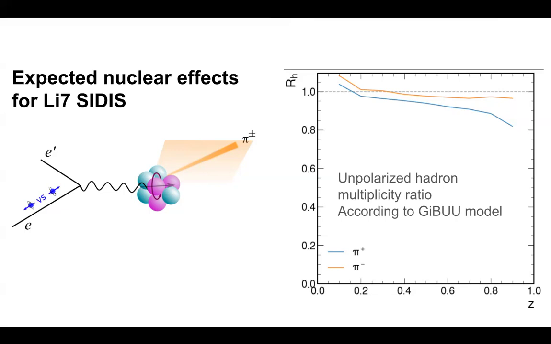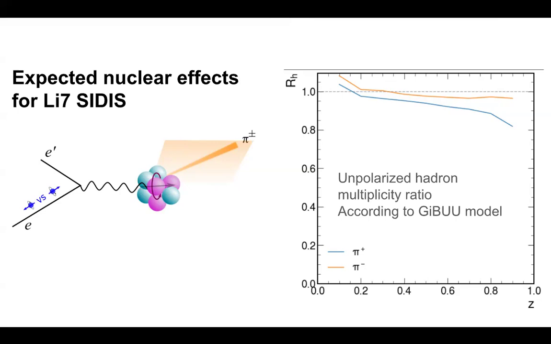I don't have any model that is allowing me to predict the nuclear effects, by which I just mean deviations from unity, for lithium-7 that is polarized. I don't have any model, Monte Carlo or otherwise, that allows me to do that. But just for reference, what are the nuclear effects that this given model predicts, which described the data before for lithium-7?